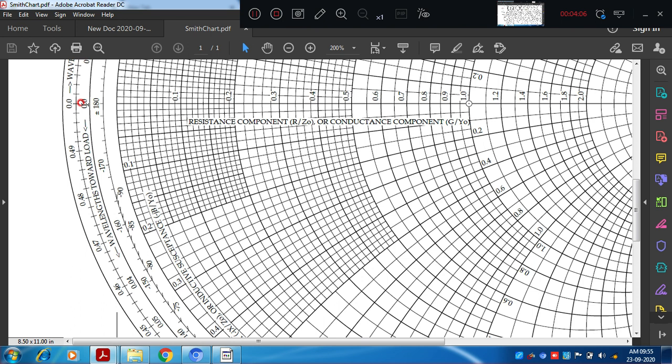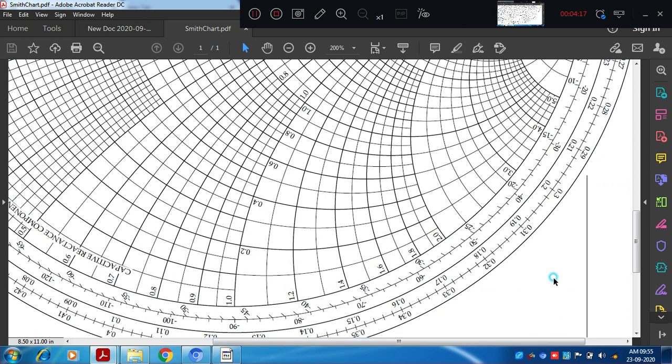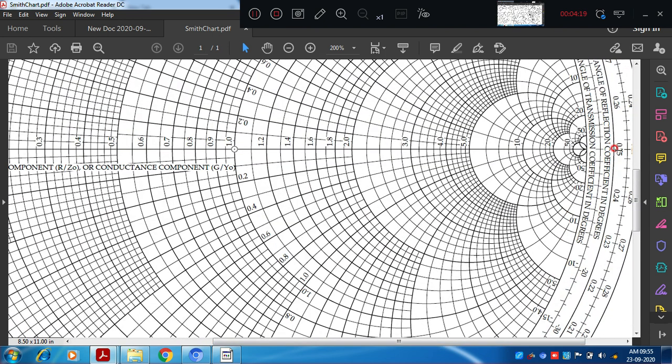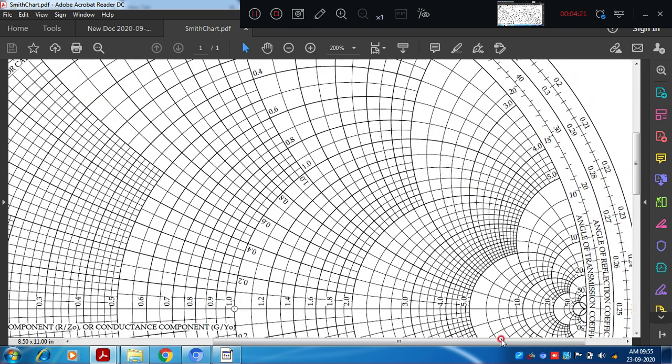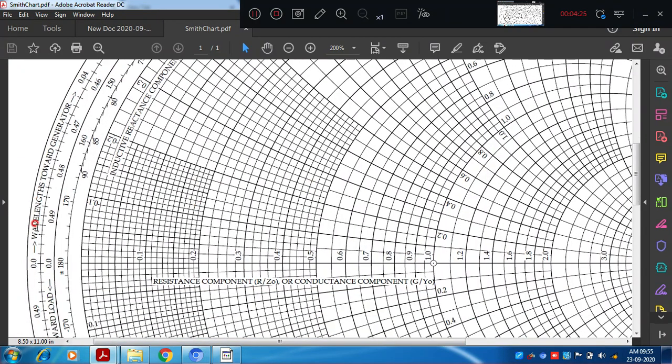Similarly, from this point, if you move anti-clockwise, it is wavelength towards load. Again it will start from 0, continue with 0.04 and then reach 0.25 here. On the second outermost circle, if you traverse one complete circle, again it will become 0.49, again 0. The outermost circle is wavelength towards generator, the clockwise direction.